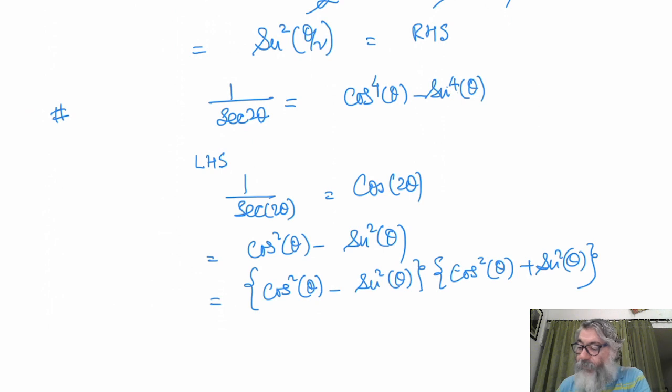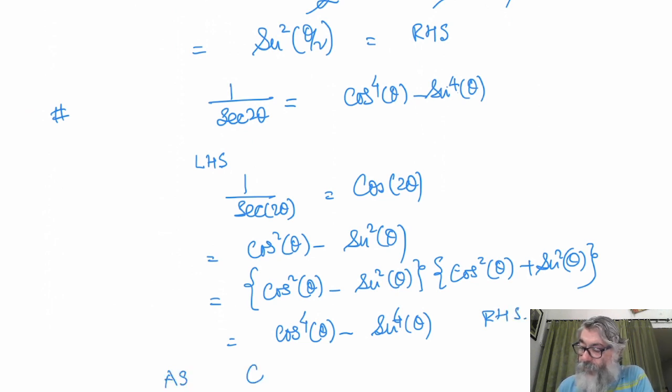Like a square minus b square, a square plus b square will give us cos to the power 4 theta minus sine to the power 4 theta, which is your right hand side, as cos square theta plus sin square theta is equal to 1.